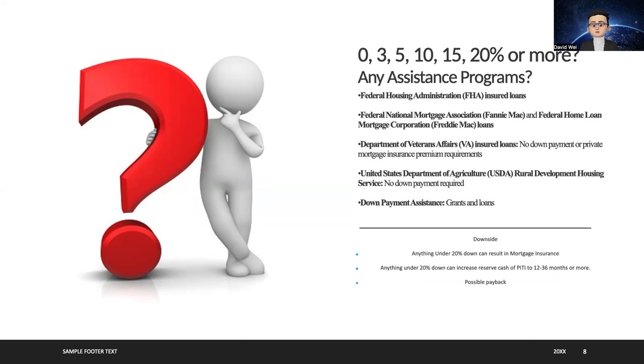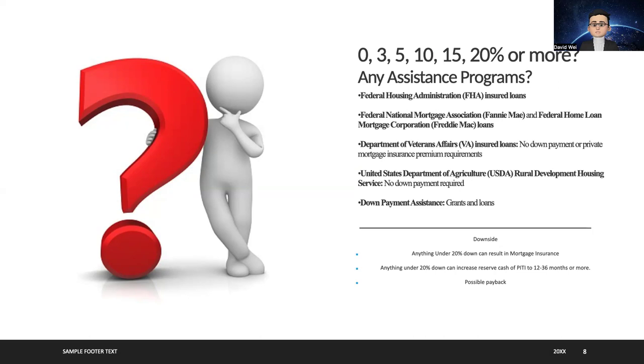So I listed out the programs here on top. You can see from the slide, like the Federal Housing Administration, Federal National Mortgage Association, and the Federal Home Loan Mortgage Corporation, Department of Veterans Affairs insured loans, United States Department of Agriculture, Department of Housing loan. Those have different down payment requirements.